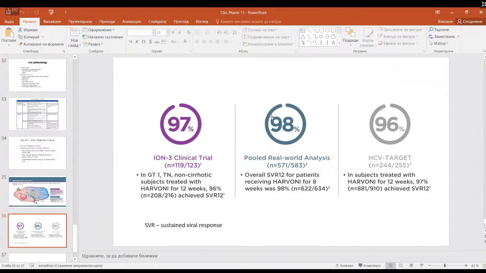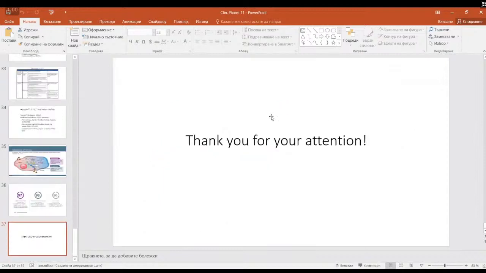So if you get vaccinated against HBV, nowadays we can say that you are pretty much protected against developing chronic hepatitis, because for hepatitis B there is a vaccine, and for hepatitis C there are very, very effective drugs.